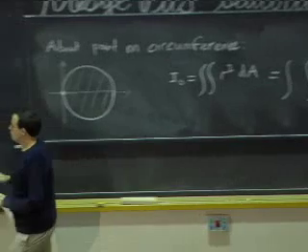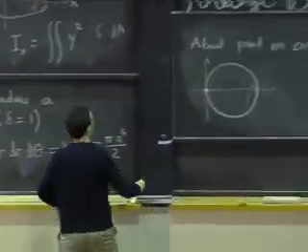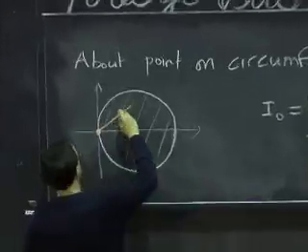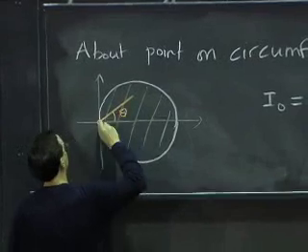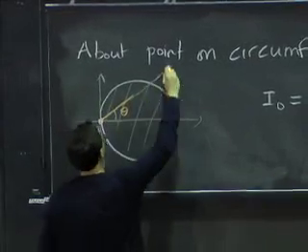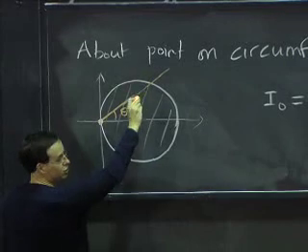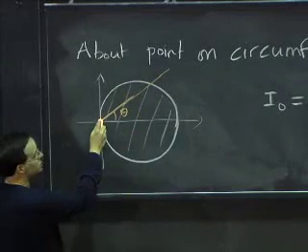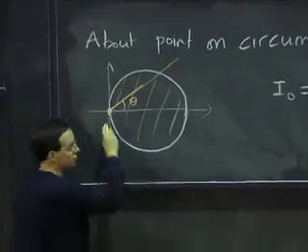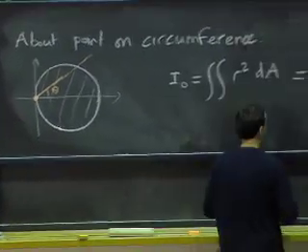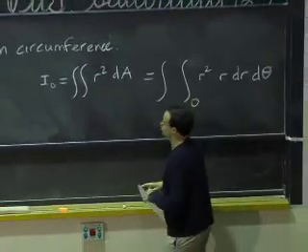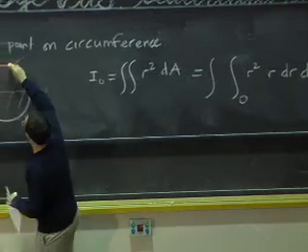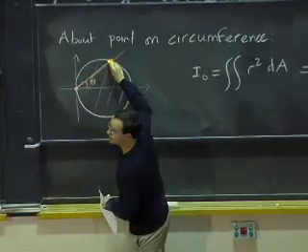Well, if I fix a value of theta, so it means I chose an angle here, and now I'm shooting a ray from the origin in that direction. So I enter my region at r equals 0, that hasn't changed. The question is, where do I exit the region? So what is that distance?